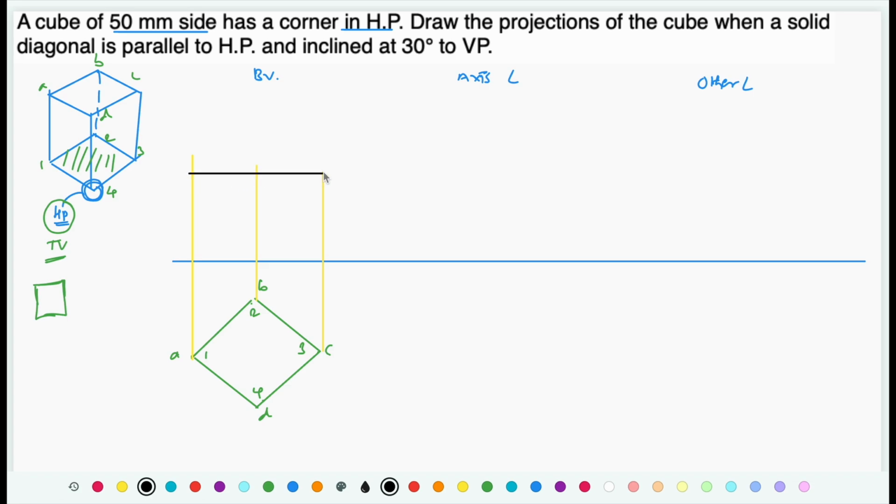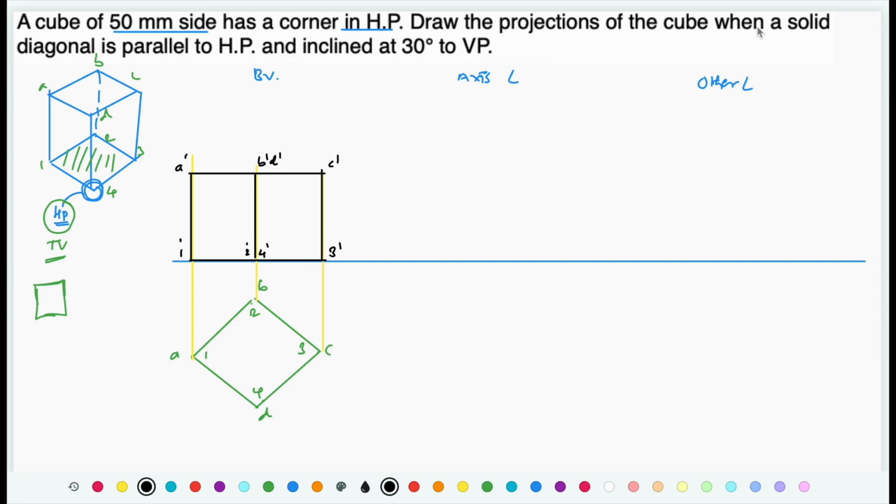So let's say this is the front view of that cube. This middle edge is also going to be visible. So let's say this is A dash, B dash, D dash, C dash, 1 dash, 2 dash, 4 dash and 3 dash.